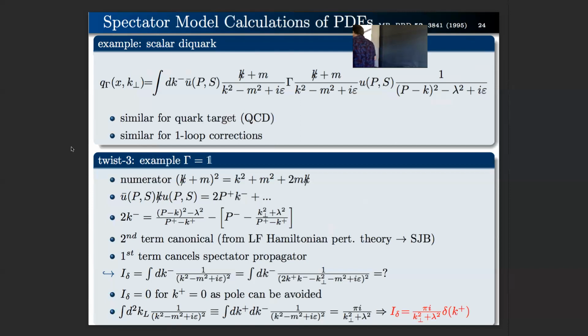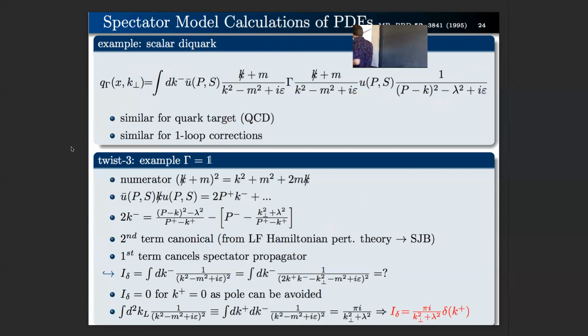If you're not careful, you might reach the conclusion that this integral, therefore, is 0. If my poles are all on one side of the real axis, 0. The problem is, what happens when K plus is 0? Because when K plus is 0, nothing depends on K minus, and your integral is linearly divergent.